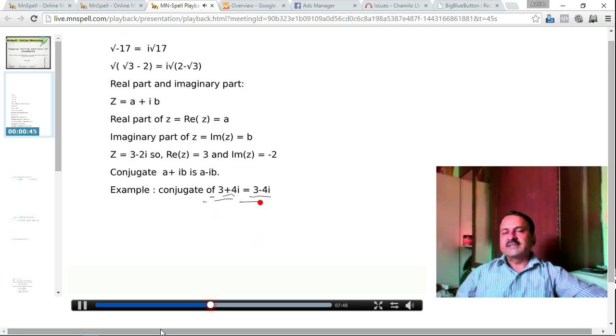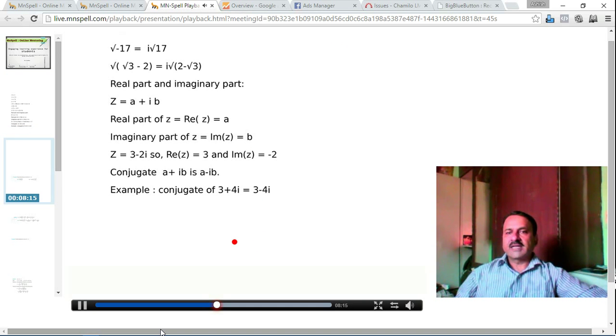It is very simple. Just change the sign of imaginary part, means just change the sign of the coefficient of i. If I write 2 plus 5i, its conjugate is simply 2 minus 5i. It is called conjugate.